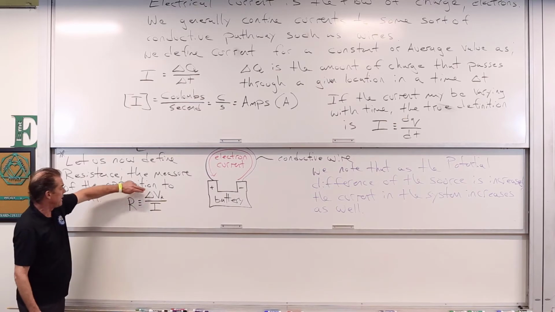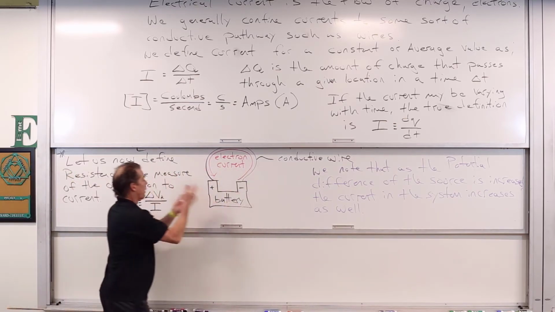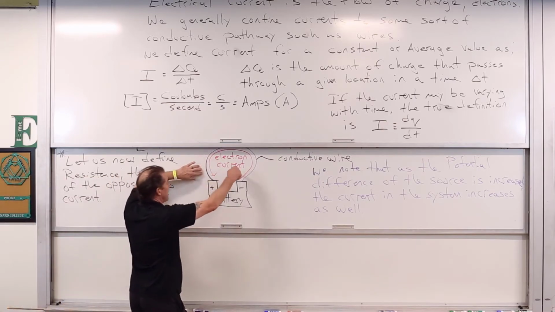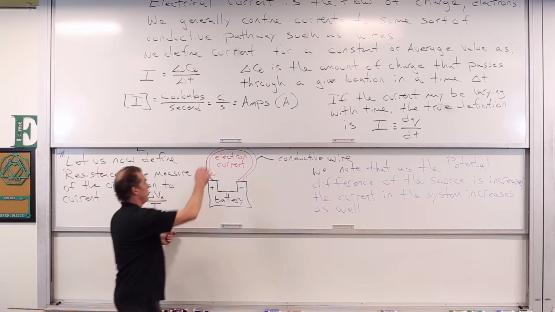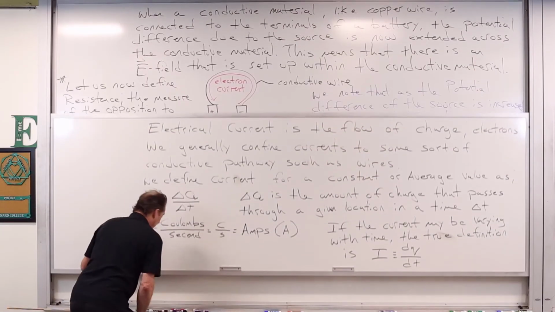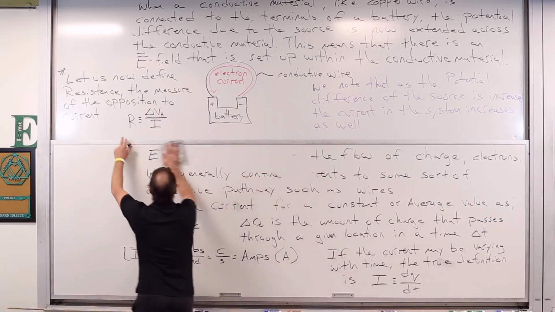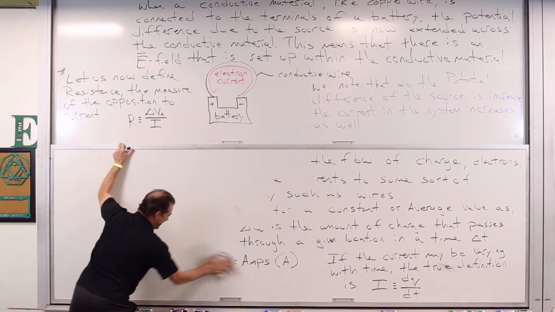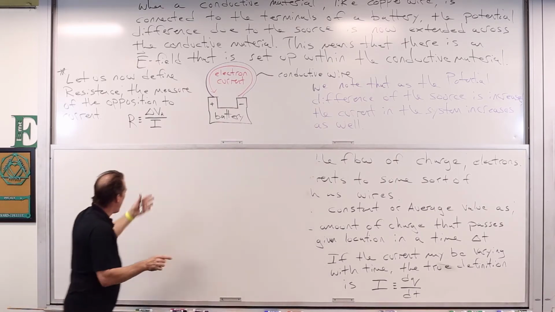We double the potential difference across that section of wire, we're going to double the current in it, such that the resistance of this section is a constant value. And that's nice to be able to do. That's why we care to define resistance in this particular way, because a lot of materials behave like that. Not all, but a lot.